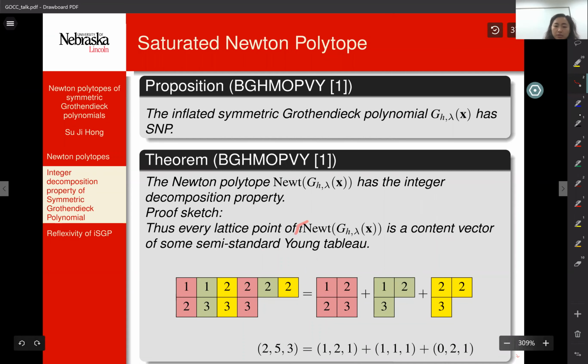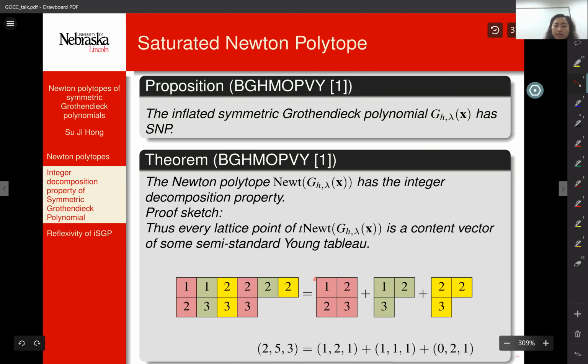So this is going to be a point on this polytope. And because T here is equal to 3, we just take the first column and put it there, take the second column and put it there, put the third column and put it there, and then just repeat 1, 2, and 3.